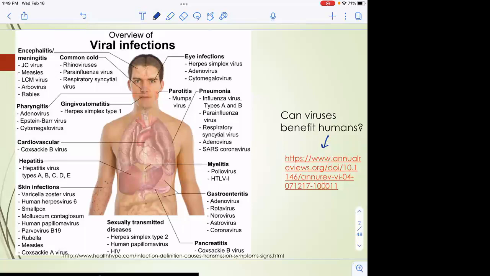Okay, some of our vaccines, our RNA, our DNA vaccines use a virus to get those pieces of nucleic acid into our cells. So already reaping the benefits of viruses in that way. So there are some potential medical applications that we can thank viruses for, but sometimes it's a little bit of a stretch.